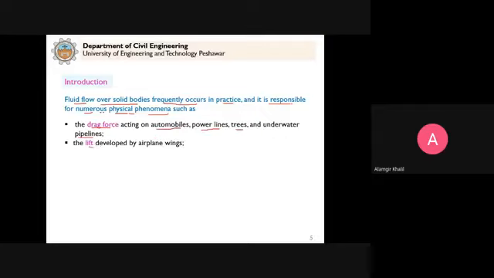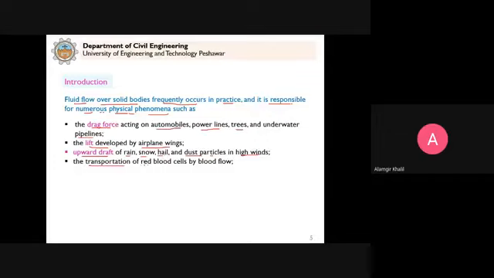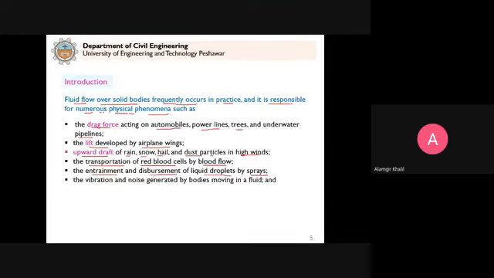The lift developed by aeroplane wings, these are forces, clear? Upward draft of rain, snow, hail, and dust particles in high winds. The transportation of red blood cells by blood flow. The entrainment and dispersion of liquid droplets by sprays.